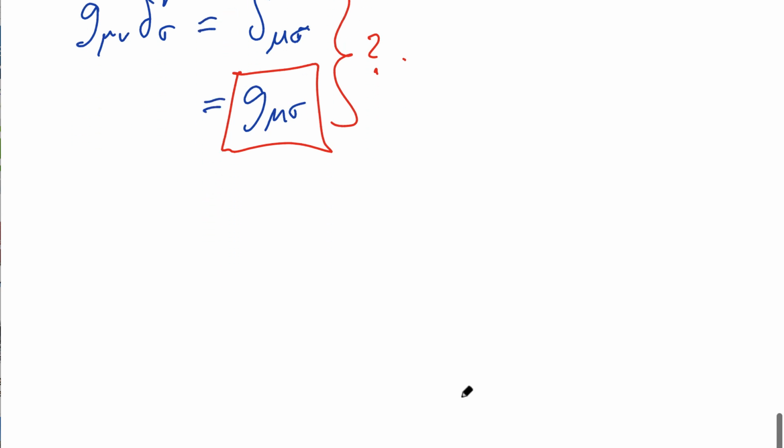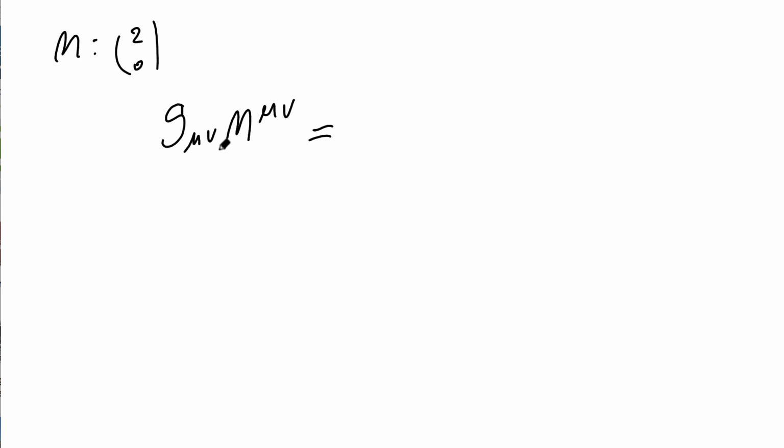Here's another situation that occurs fairly frequently. Let's say we have a type 2,0 tensor, call it M, and let's look at g mu nu M mu nu. In this case, we have both indices on g wired with both indices on this tensor M. But we can view this as, let's say, the second index here wired with the second index here.